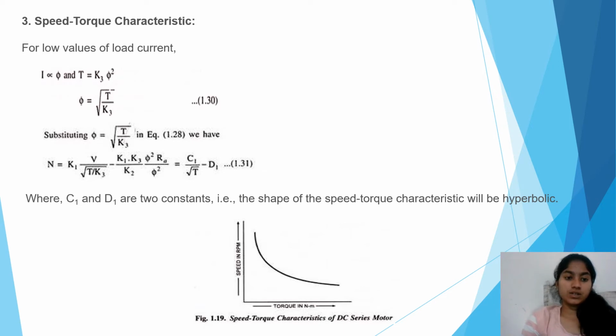Substituting phi equals root over T by K3 in equation 1.28, we have N equals K1 V by root over T by K3 minus K1 K3 by K2 into phi squared Ra by phi squared, that equals C1 by root over T minus D1, where C1 and D1 are two constants. That is, the shape of the speed torque characteristic will be hyperbolic, as shown in figure 1.19.